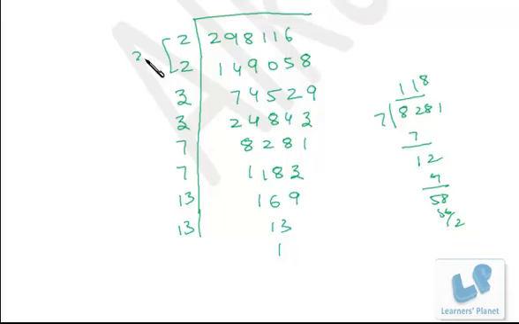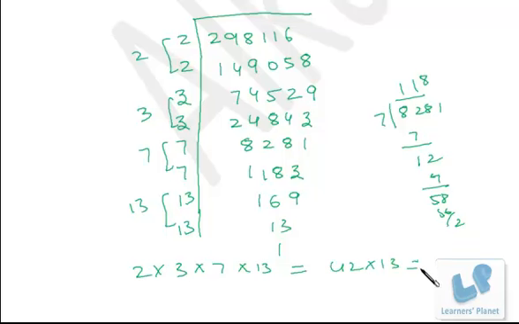Now one from this, one from this, one from this, one from this. So 2 into 3 into 7 into 13. That is 6 into 7, 42 into 13. 13 2s are 26, 13 4s are 52. So 546 is the square root of this number 298116, and the prime factorization method is really very easy. You need to practice some problems based on that. Okay, I hope you are clear.